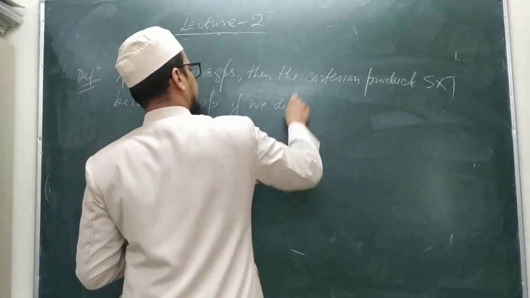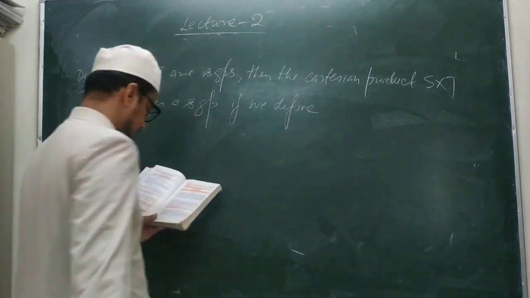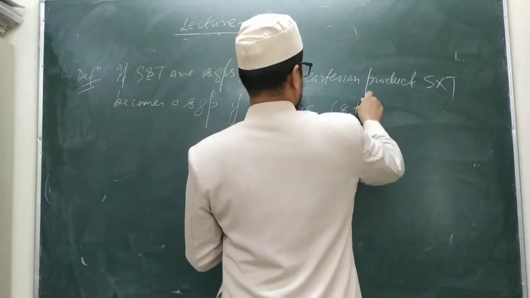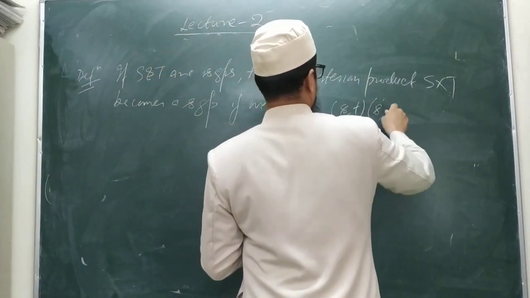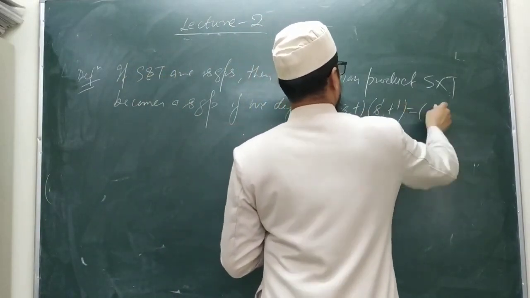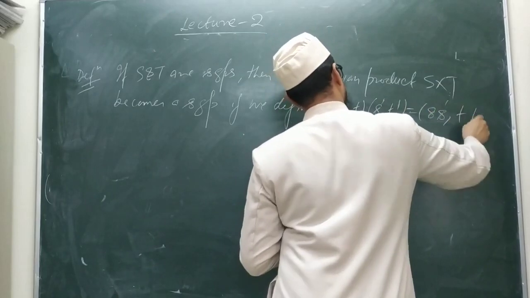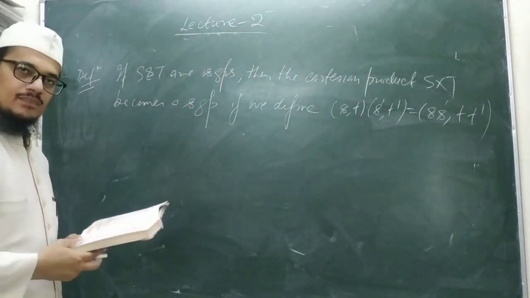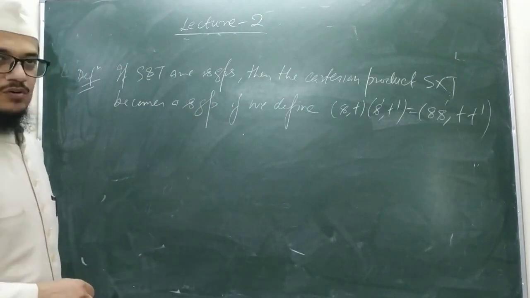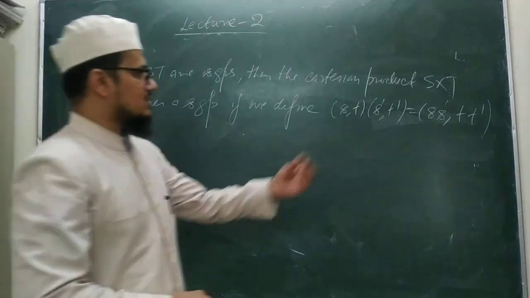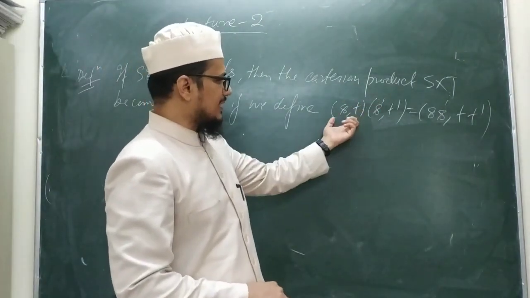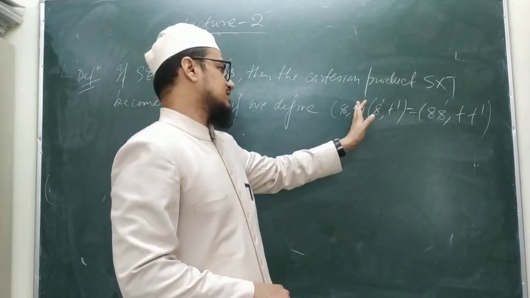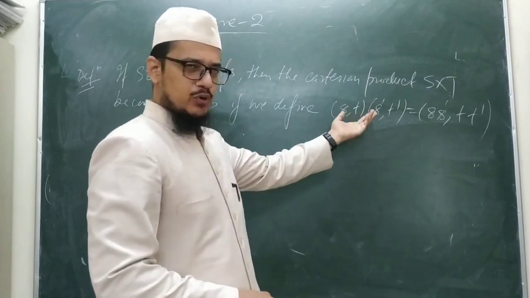If we define (S, T) into (S dash, T dash) is equal to (SS dash, TT dash). Isn't it? So we define the binary operation like this. You take two pairs (S, T), (S dash, T dash), and this is the binary operation. For our simplicity, we are taking this multiplication like this. Simple product.